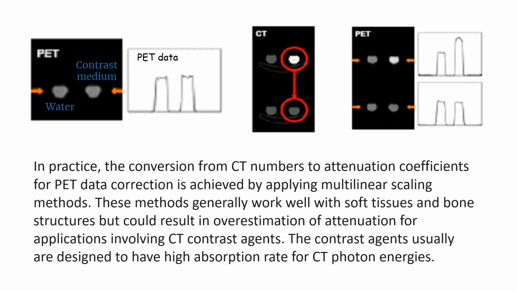The object profiles of radioactivity concentrations are the same in the non-AC corrected reconstruction, while on the right we see that an artifact is introduced by applying the AC correction using a CT in which one of the two objects is filled with the contrast medium. As a result, the corrected activity in the contrast medium object is overestimated compared to the other object.